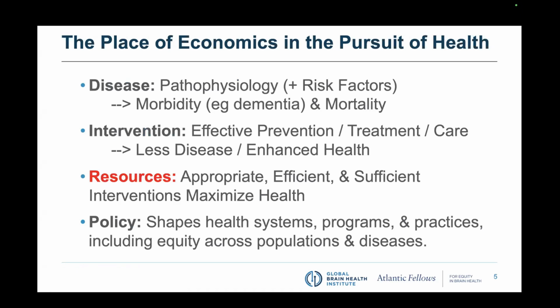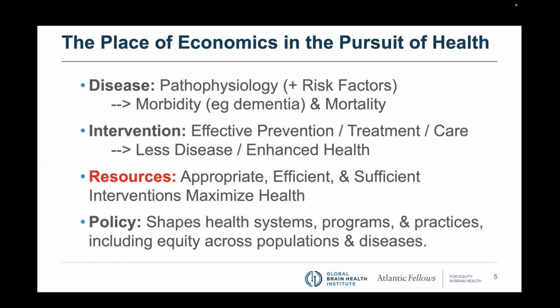Importantly, resource allocation doesn't exist in isolation. Let's place it in the broad medical context that you're probably quite familiar with, even if you haven't thought about it exactly this way. We start with disease. There's a pathophysiological process that interacts with risk factors, and this creates disease with associated morbidity, such as dementia, and mortality.